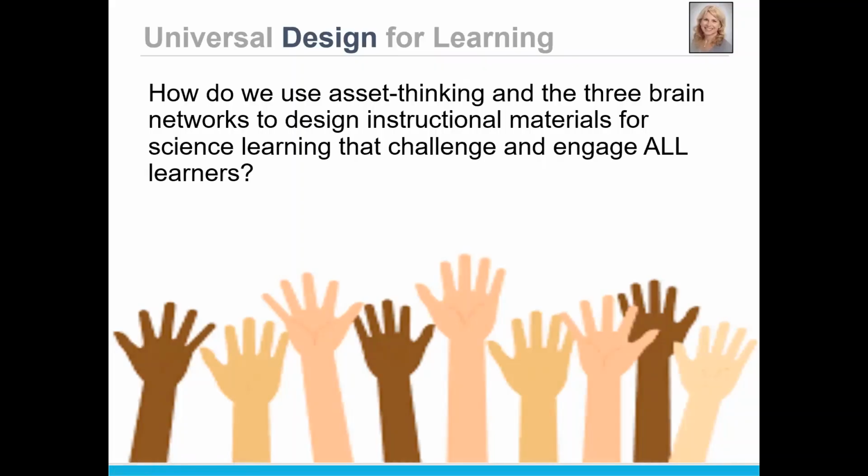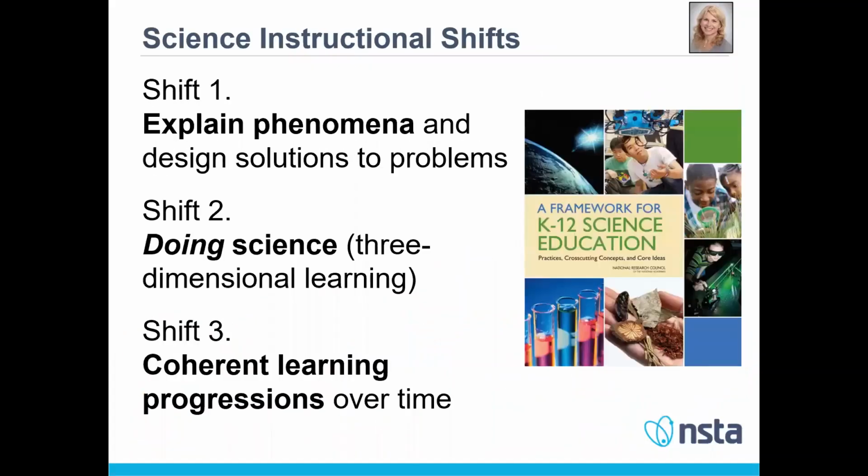And again, just to reinforce, UDL was recommendations and guidance for curriculum for all areas, and in that design, we want to be thinking about how we can use that asset-based approach and the three brain networks to design the instructional materials. And that is how we can provide access for all and challenges for all, so that the learning is deep, the type of learning that can provide those next step opportunities.